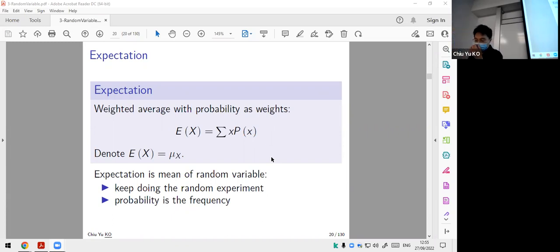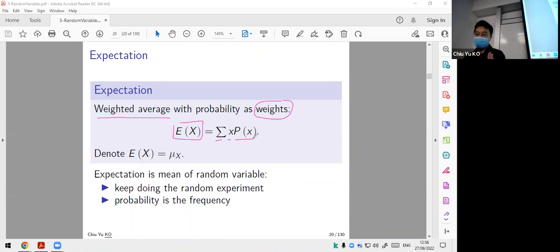And the idea is somewhat simple to see. The definition is the weighted average. Okay. And we'll use probabilities as weights. Okay. And the definition is: the expected value, called E of X, is the summation of x times P of x. Okay. So you probably want to see why this makes sense. Okay.